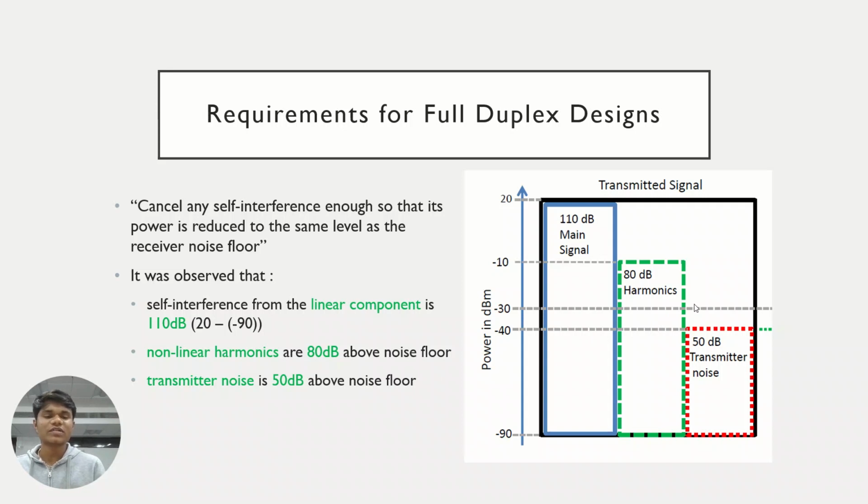I should not say dBm because we are reporting the power levels with respect to the noise floor. So in effect, it's a ratio. The linear components self-interference is 110 dB with respect to the noise floor level. Nonlinear harmonics have a power level of 80 dB, and the transmitter noise has a power level of 50 dB. And we need to cancel all three of these in order to achieve full duplex.